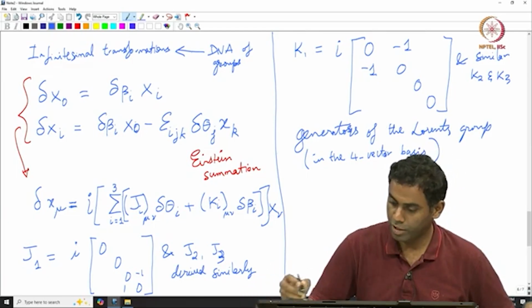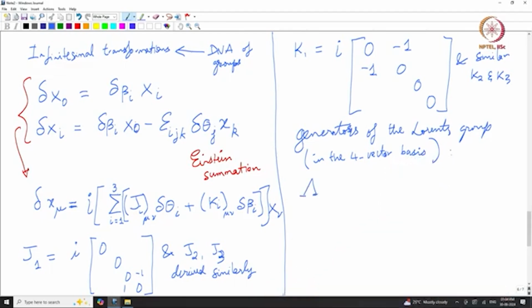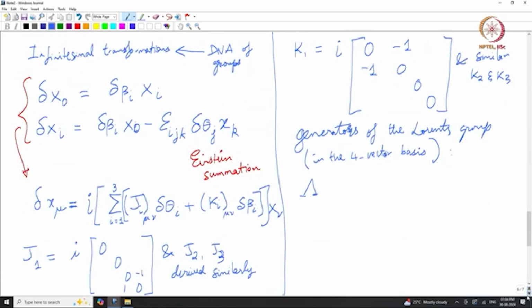Why do I say that? Why do we say this is a generator? Because using this infinitesimal transformation, remember we started by writing some generic lambda mu nu. That lambda in general could just be an exponentiated form of these transformations.